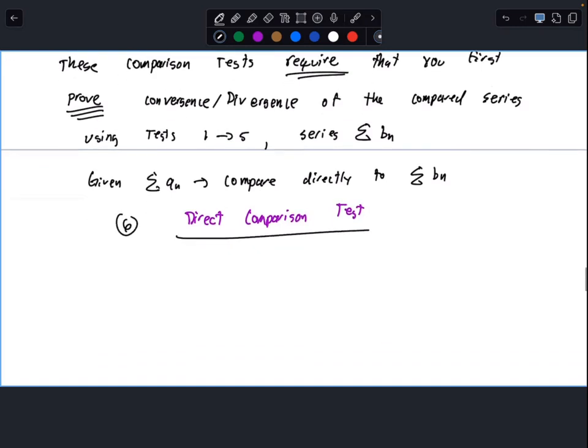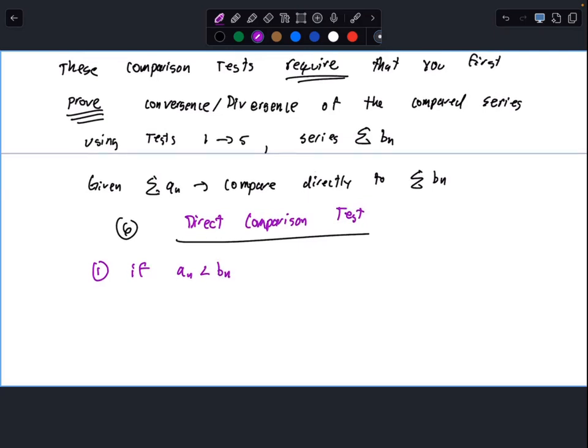This is number 6. One, if a sub n is less than b sub n for every value of n, for n greater than or equal to I, and the series b sub n converges, which again, you must show why it converges, then the series a sub n converges.